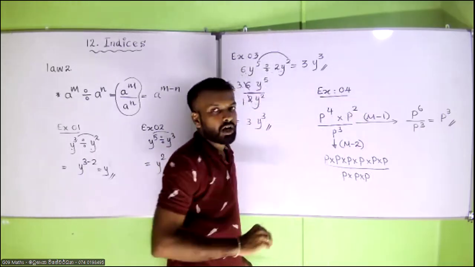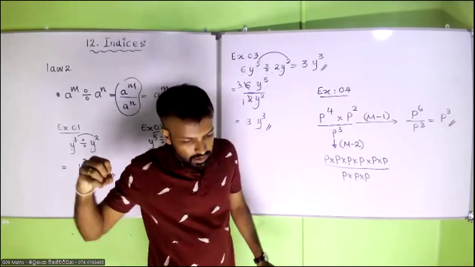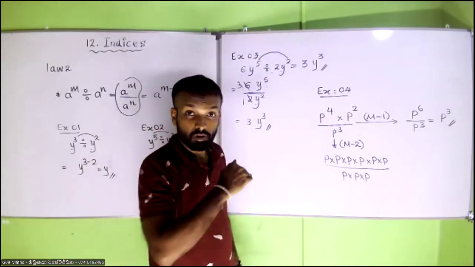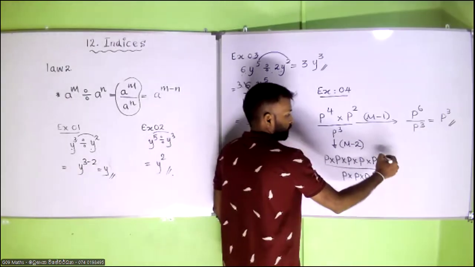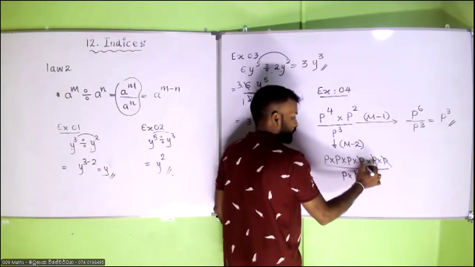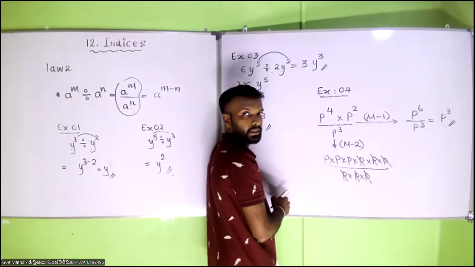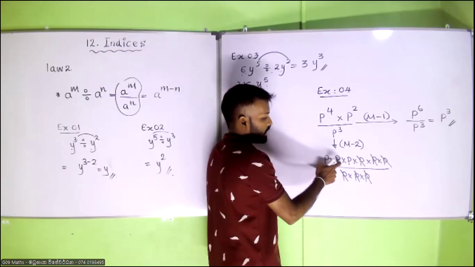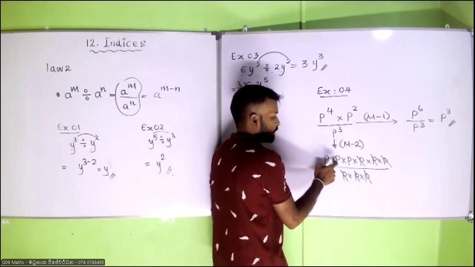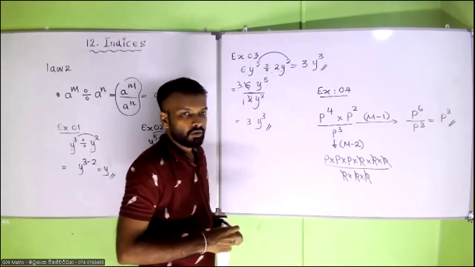In the numerator you have identical terms, in the denominator you have the same identical terms. So cut. P times 1, six times. What is the rest? P, p, p. P to the power 1, p to the power 1, p to the power 1. Multiply. Final answer?